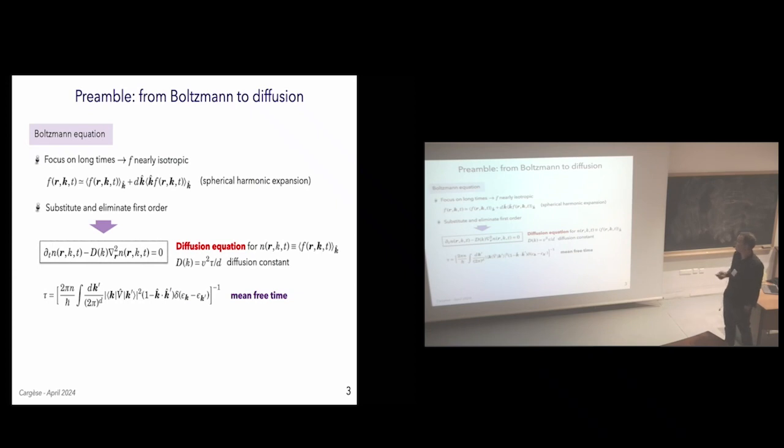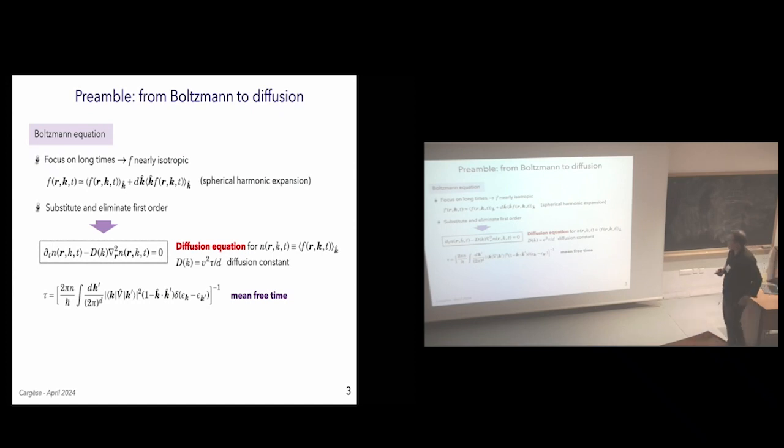It can be simplified because at long times you have many scattering events, so the direction of the momentum is almost randomized by the multiple scattering process. Therefore, the phase space distribution becomes nearly isotropic in k, and if it's nearly isotropic, you can decompose it in its first spherical harmonics at long times. Then by inserting this truncation scheme into the Boltzmann equation, you end up with the well-known diffusion equation for the particle density at a given energy or a given momentum k.